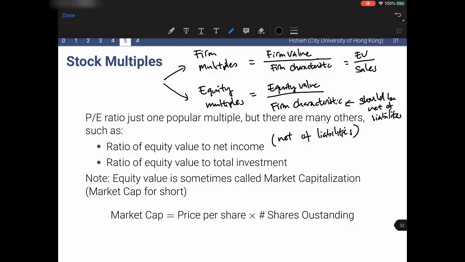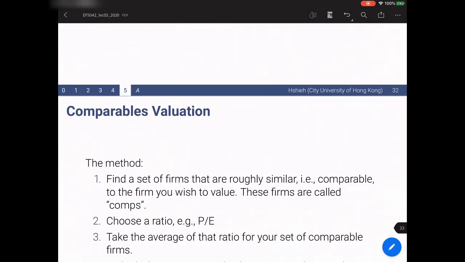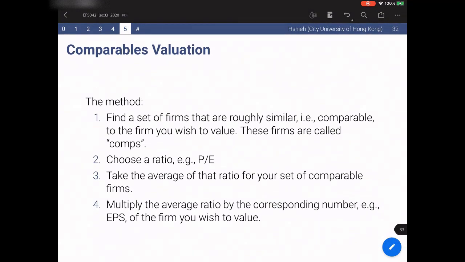But in any case, let's talk about how to make comparable valuations. I outlined the methodology here in 4 steps. Typically, you would find a set of firms that are roughly similar. You can match firms based on age, industry, products, whatever you want.